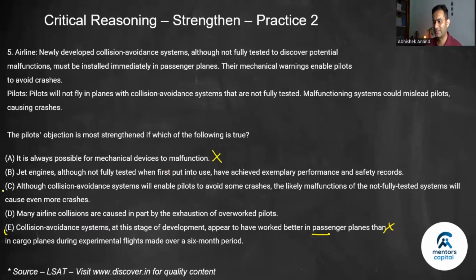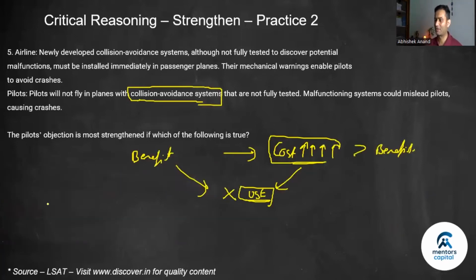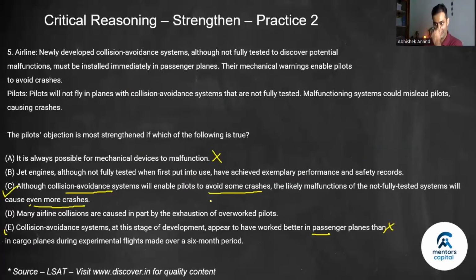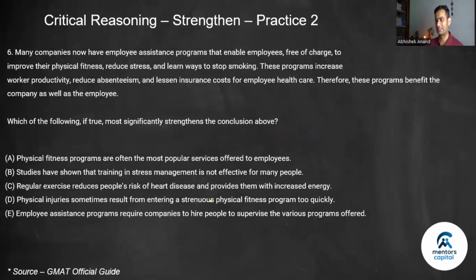Look at C. Although collision avoidance systems, which is a new system, will have some benefit, the likely malfunctions of not fully tested systems will cause even more crashes. So the benefits are lesser as compared to the losses, because you are causing more crashes. So the logic here, guys: if your cost is more than benefit, then it doesn't make sense to start a new thing. Okay.